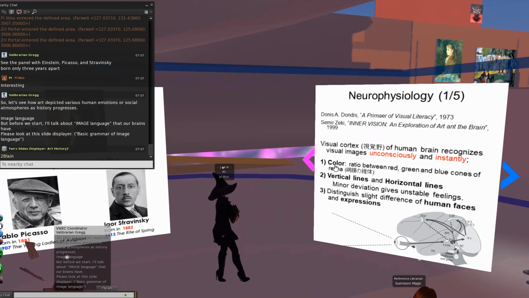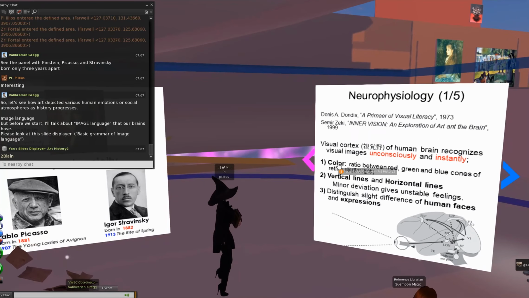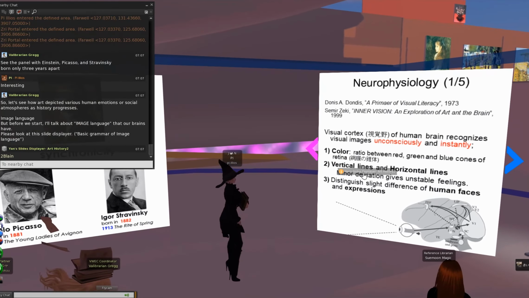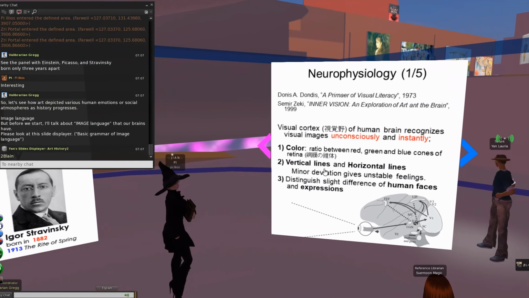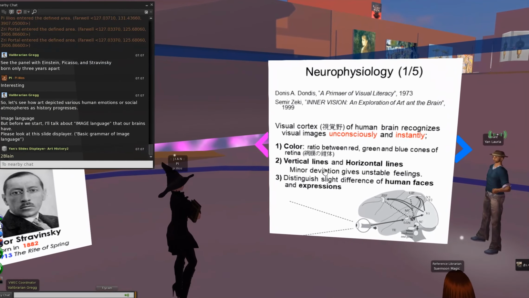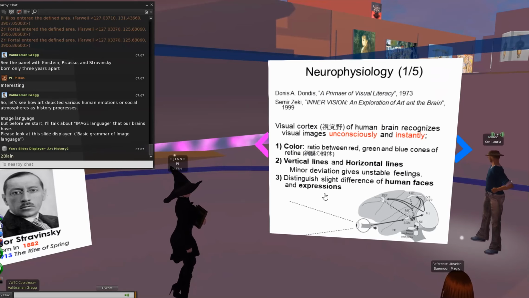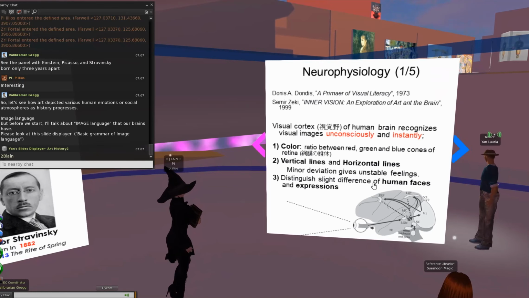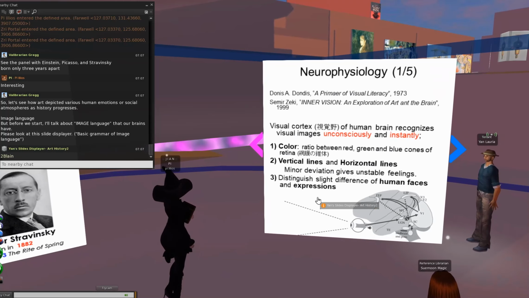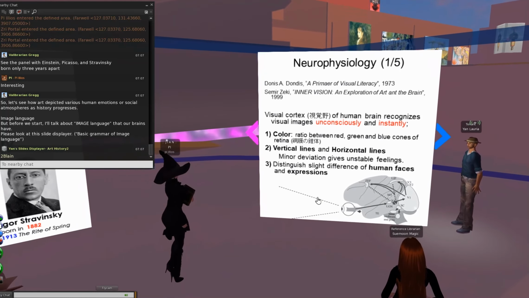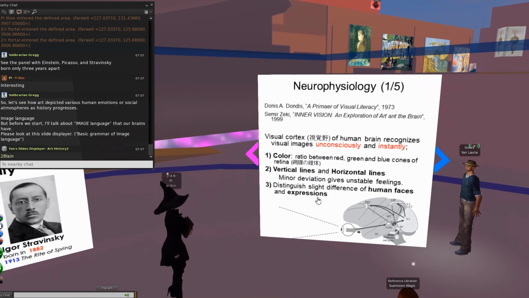Color is processed very quickly, and vertical and horizontal lines give a stable feeling, while minor deviation from vertical or horizontal gives an unstable feeling. Distinguishing slight differences of human faces and expressions is also very quick.